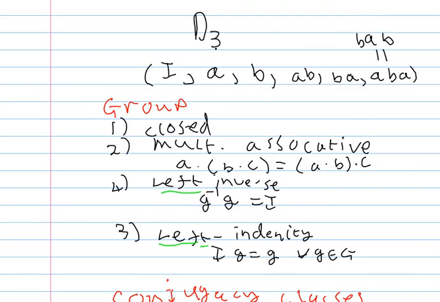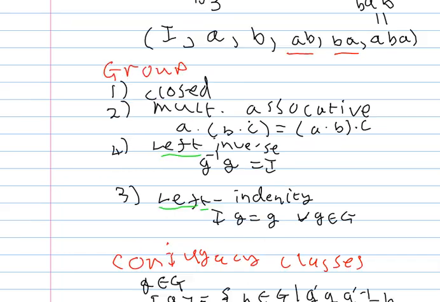Now, I chose this example for a specific reason, and that is it is non-abelian. Abelian means it's commutative, because I'm not identifying these two elements. For an abelian group, the conjugacy class is quite trivially just the element itself. But in our case, we have to do some work.